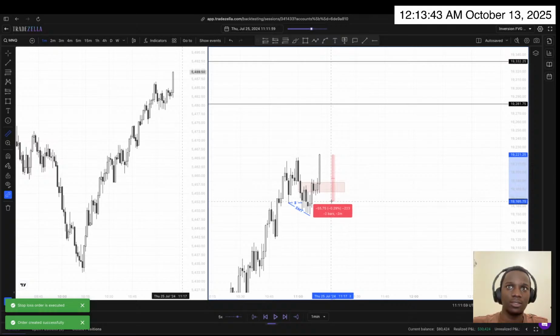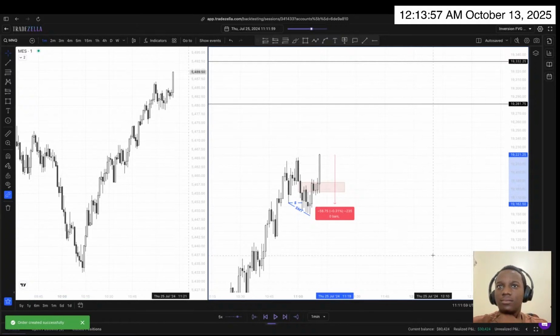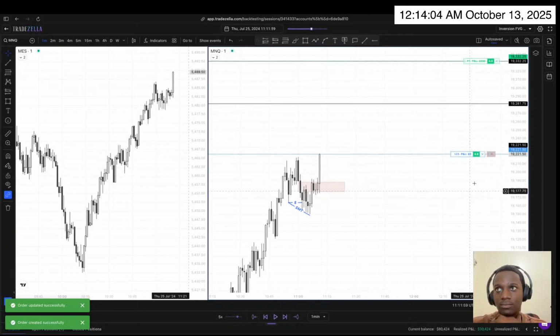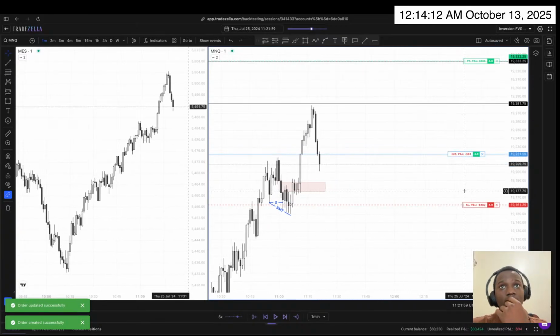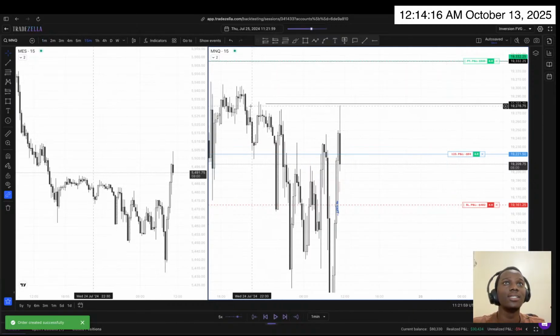From here to here, 50-ish. That's 60-ish handles. 120. That's 4 again, which I hate. It literally edges it.